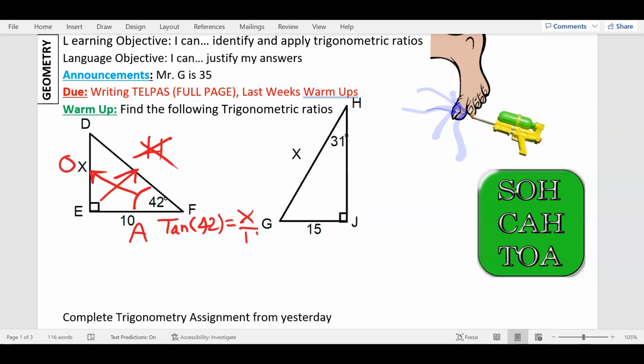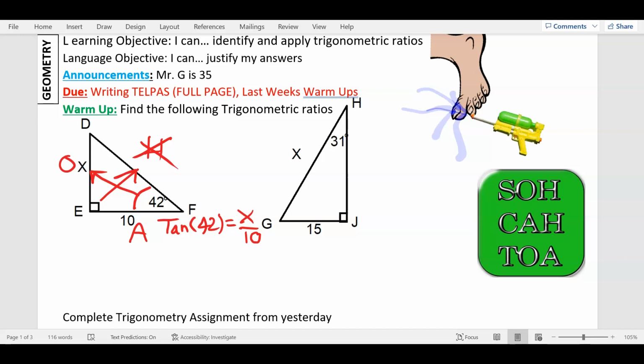You do need a calculator for this, right? Thank you very much. All right, now, let's solve this. If I'm solving for X, X is being divided by 10. How do I get rid of a divided by 10? Stay with me.